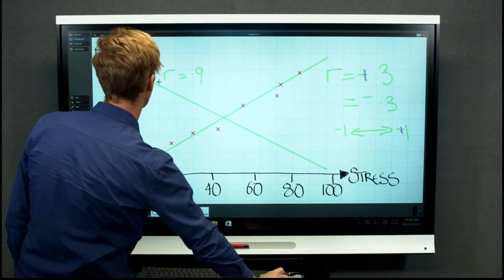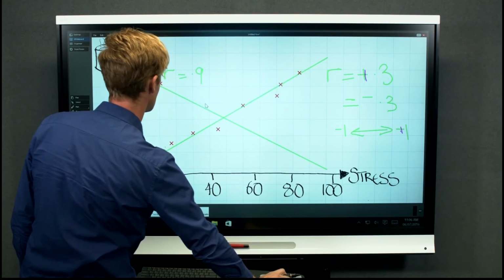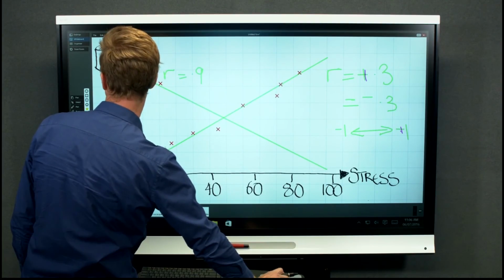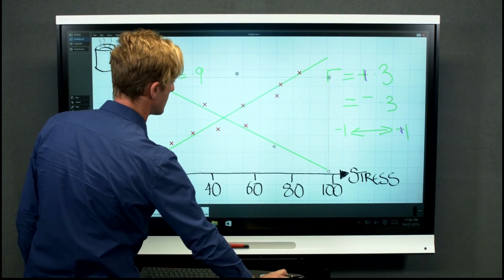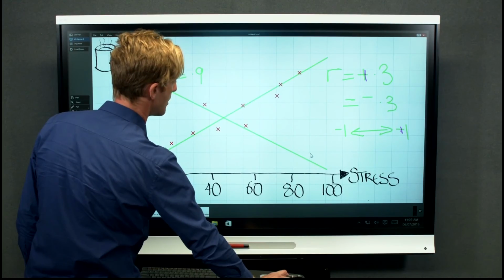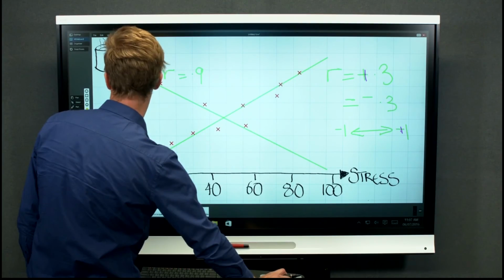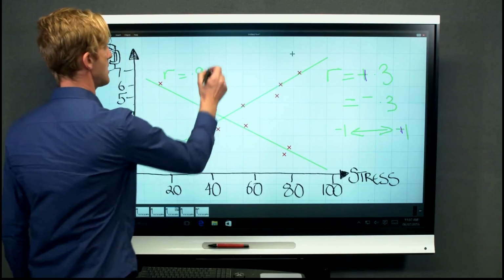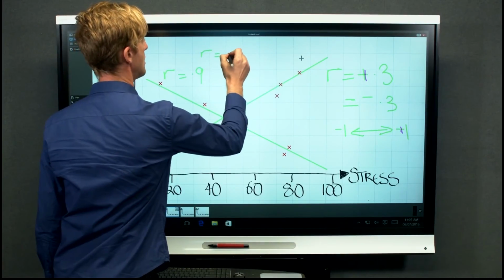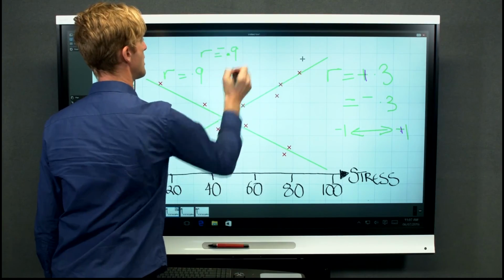So if we had points basically along the line, but going down, then the R-score would be R equals negative 0.9, okay?